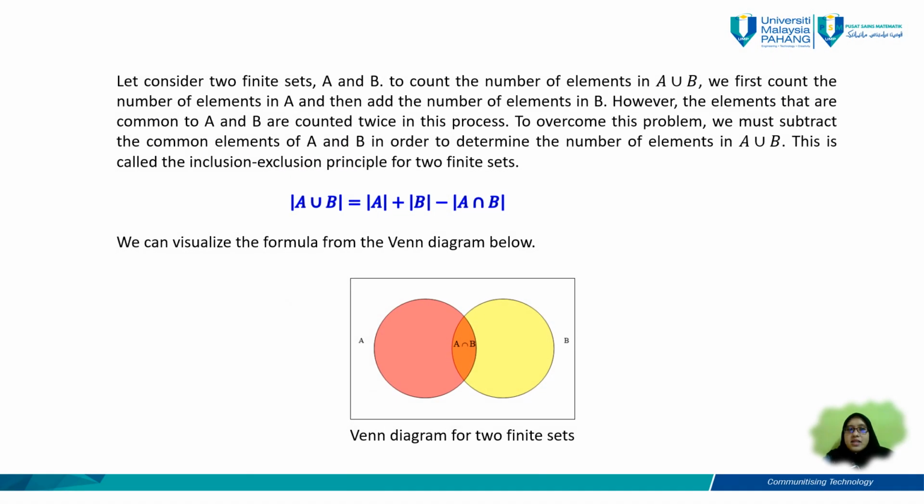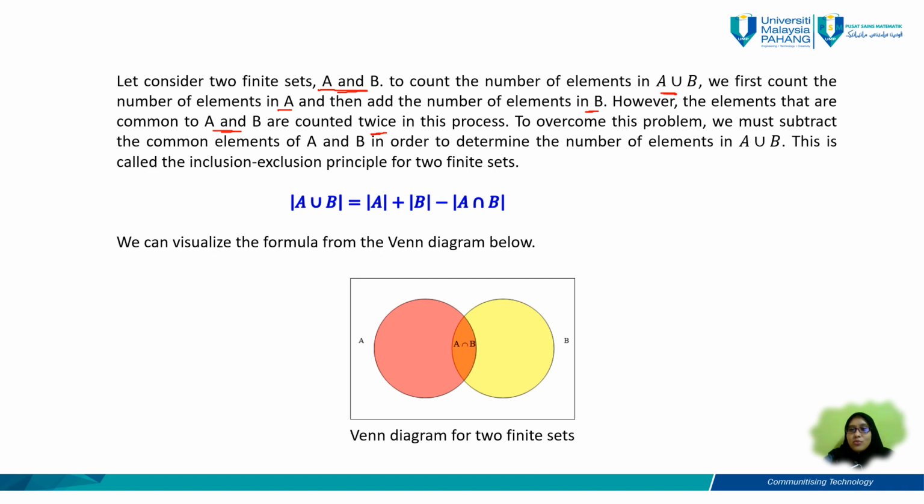Alright, let's consider two finite sets A and B. To count the number of elements in A union B, we first count the number of elements in A, and then we add the number of elements in B. However, the elements that are common to A and B are counted twice in this process.